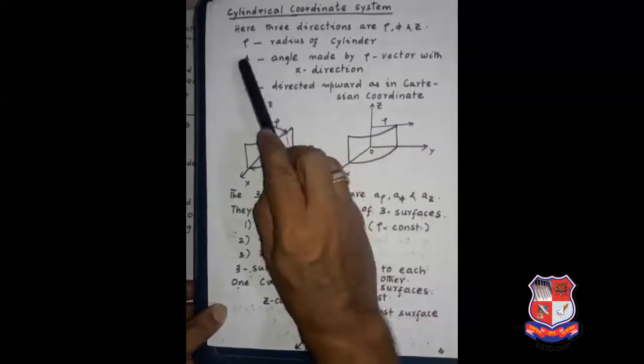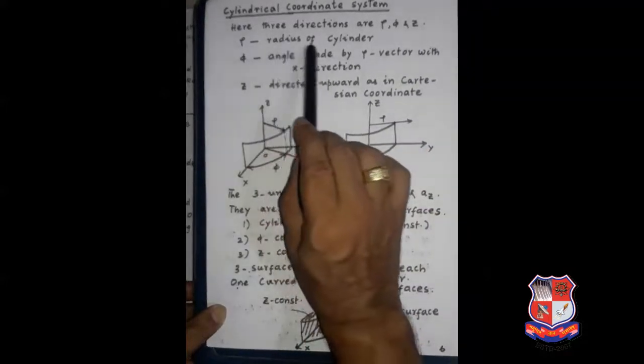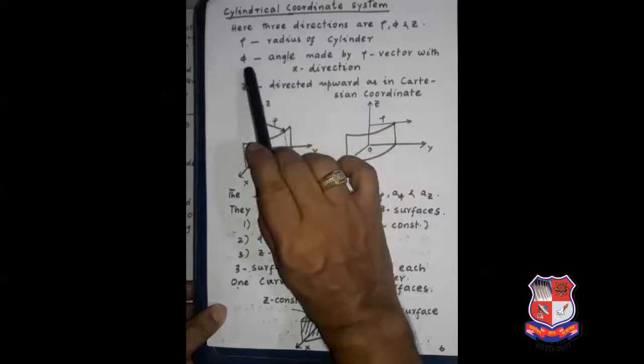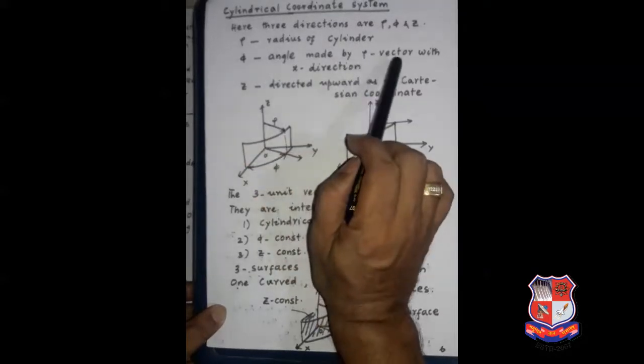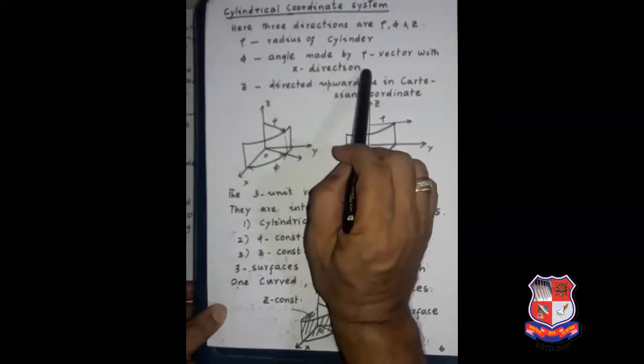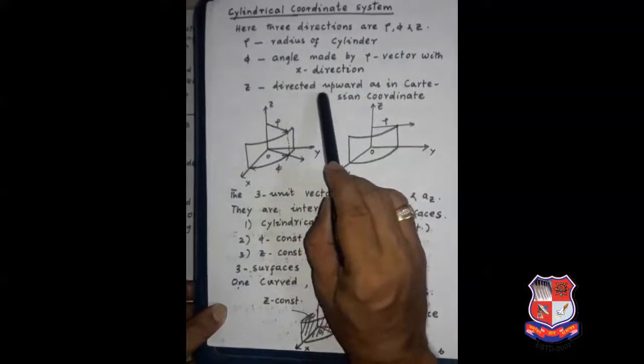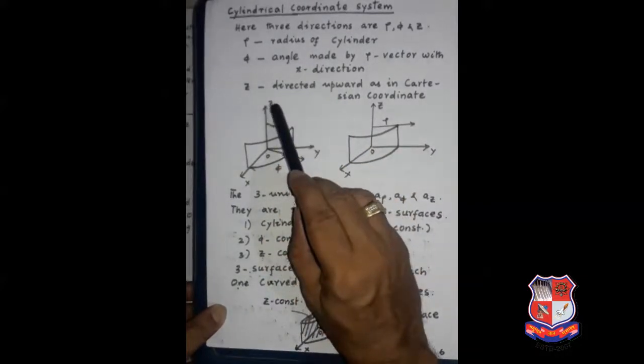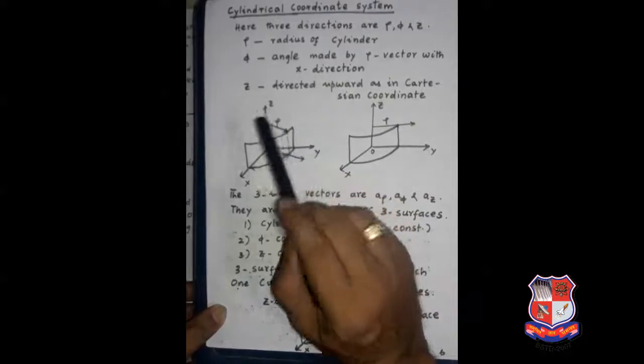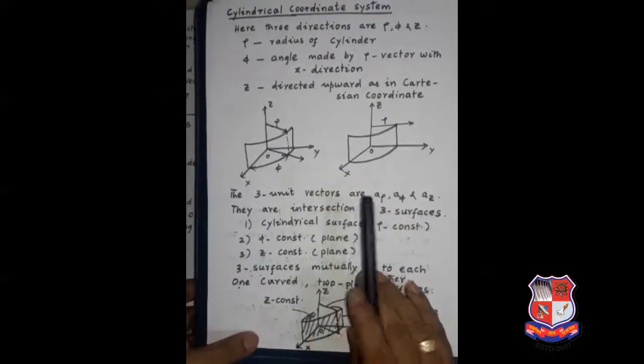They are also mutually perpendicular to each other, where rho is the radius of the cylinder, phi is the angle made by the rho vector with the x direction, and z, the same way as z is directed upward in Cartesian, here also it is directed in the upward direction.